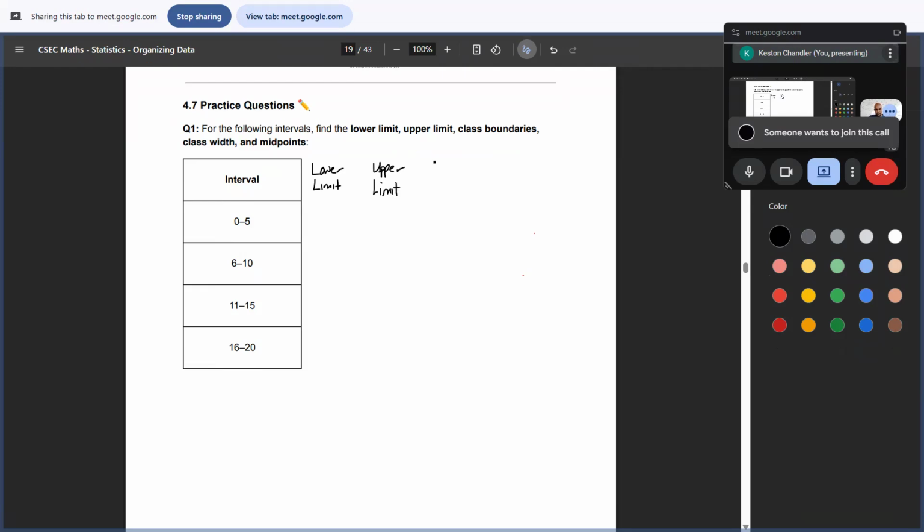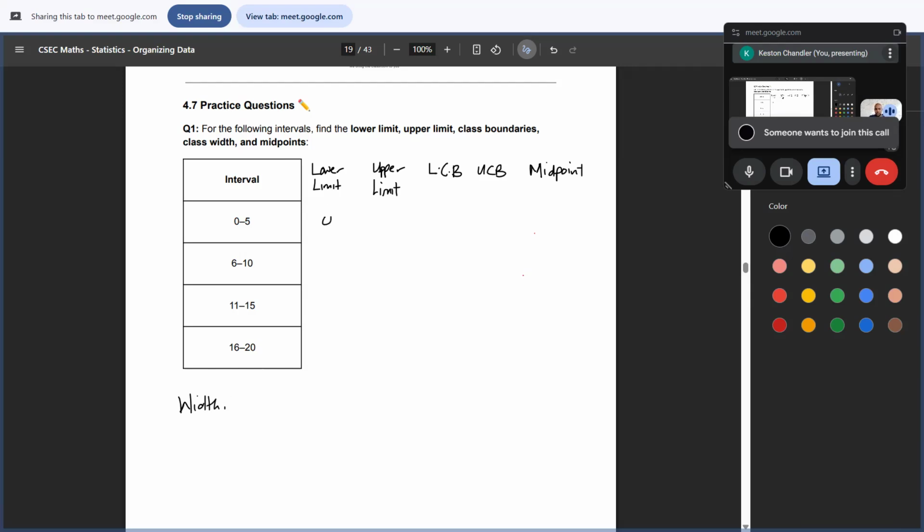I'm going to abbreviate for boundaries, right? I'm going to write LCB for lower class boundaries, UCB for upper class boundaries, and I'm going to do a column for midpoint. And we'll calculate the width underneath here.